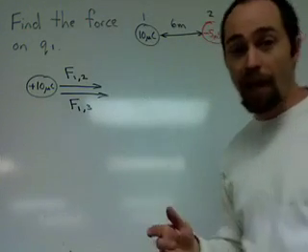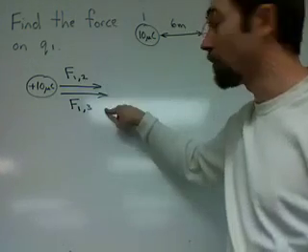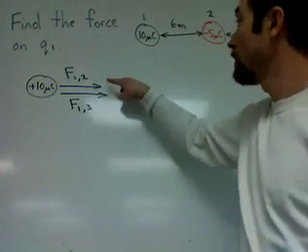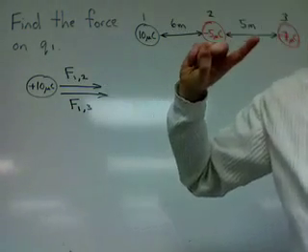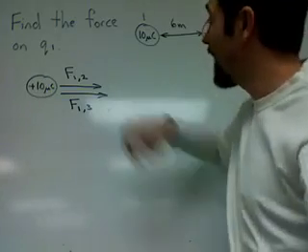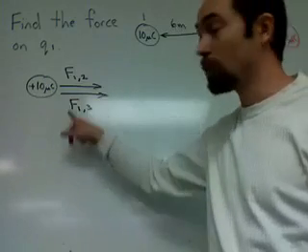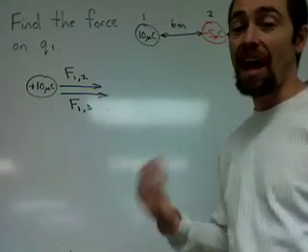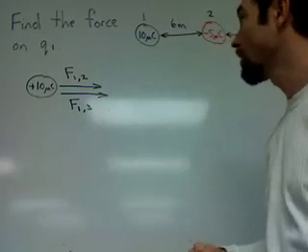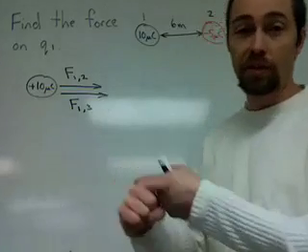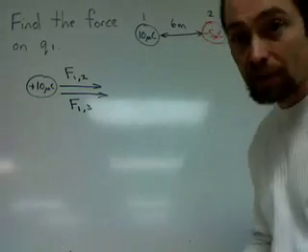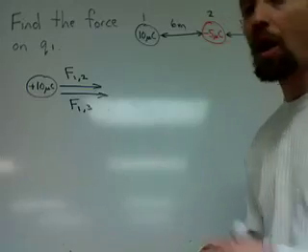After I find how big each one of those forces are, then because they're pointing the same direction, we're going to have to add them together to get your net force. If they're pointing opposite ways, then you would have to subtract them to get your net force, bigger minus smaller.